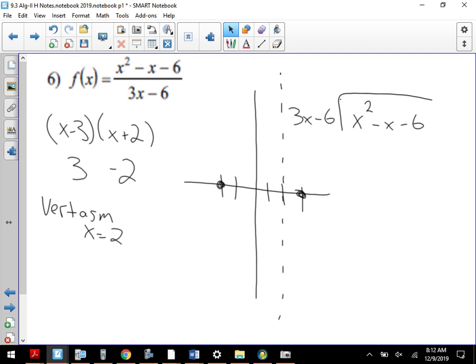What do you multiply 3 by to turn it into a 1? 1/3. Very good. So you multiply it by 1/3 x. That gives you x squared minus 2x. Subtract to get x again. And this drop down doesn't matter. What's going to be the last little bit then? It's another positive 1/3. So your slant asymptote would occur at 1/3 x plus 1/3.